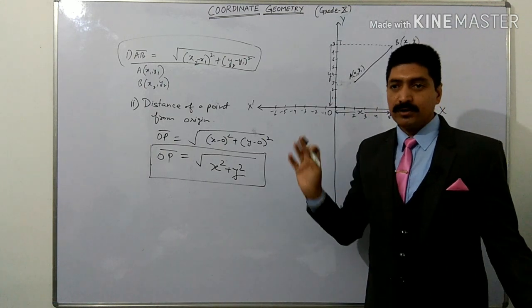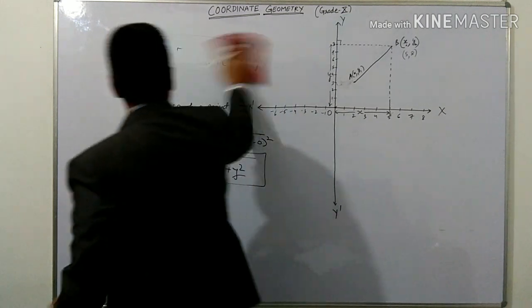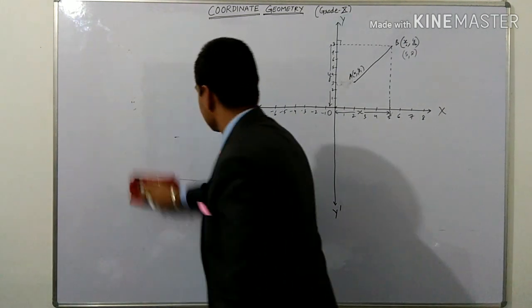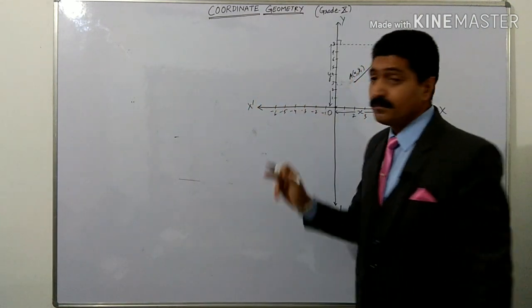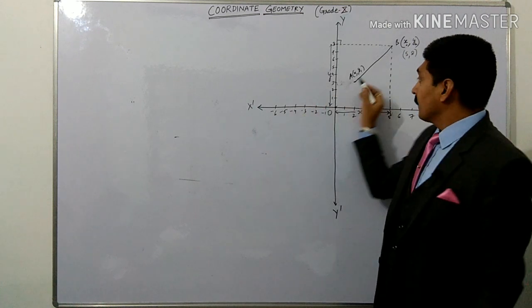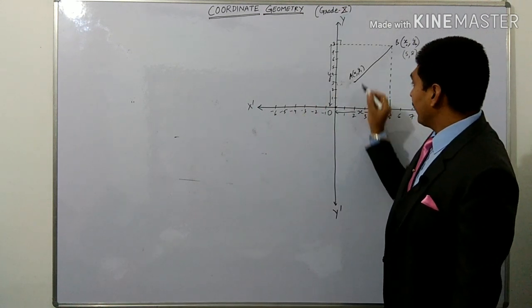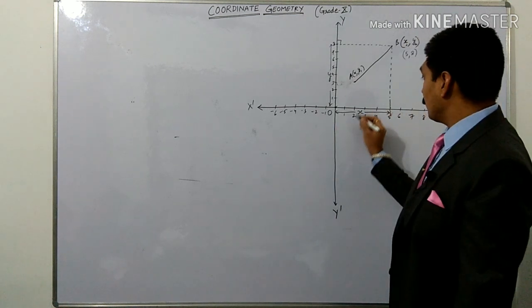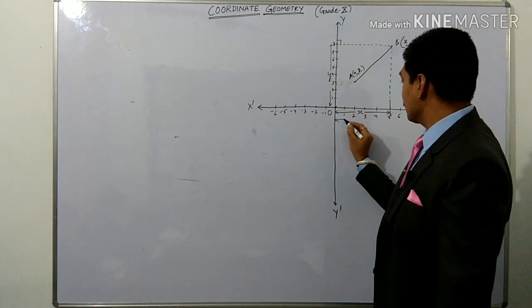So here plot these points on the graph, and so here A vertices are 2 and y is 3, right? A is 2, B. So what is this distance here, how many units?